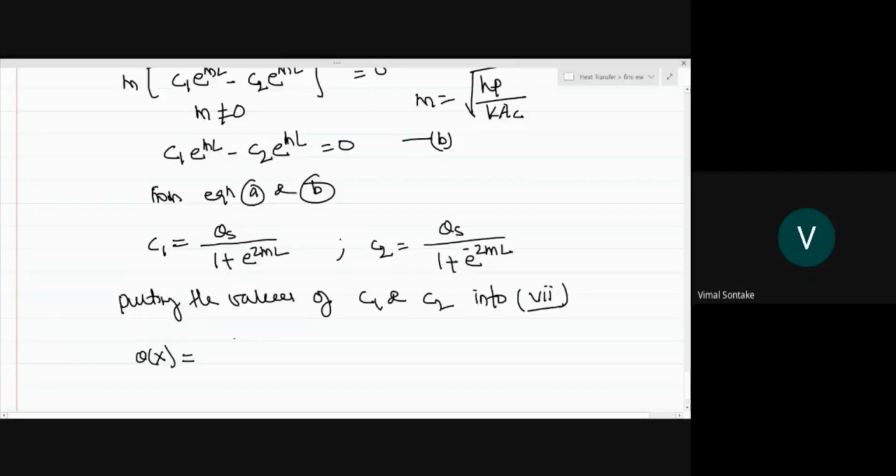The value of C1 is theta s over 1 plus e to power twice ml. This is the value times e to power mx plus theta s over 1 plus e to power minus twice ml. This is the value of C2 and e to power minus mx. Correct?